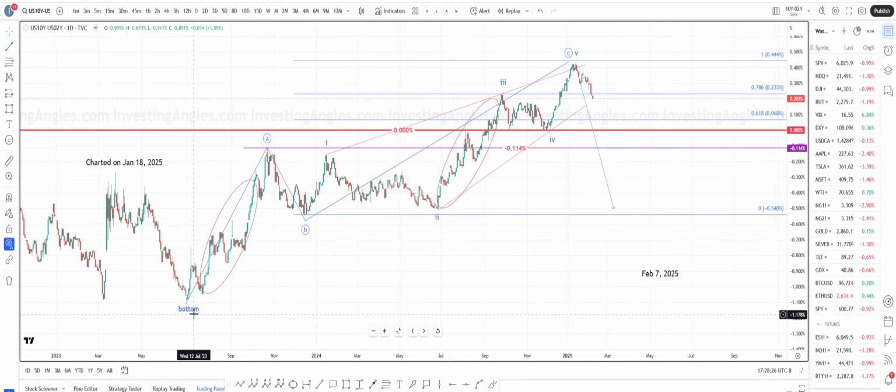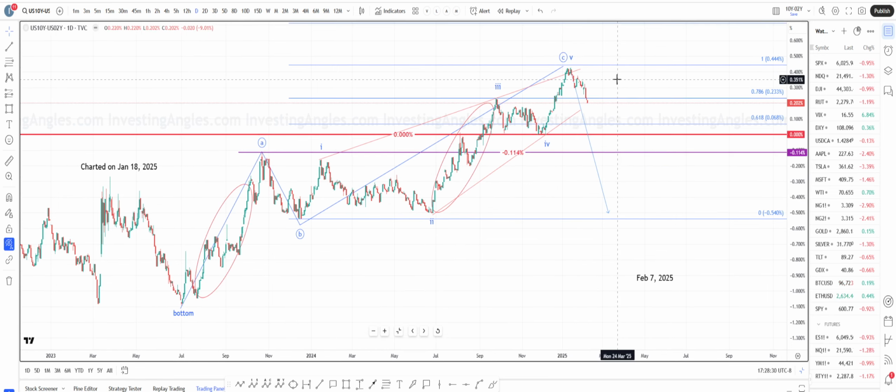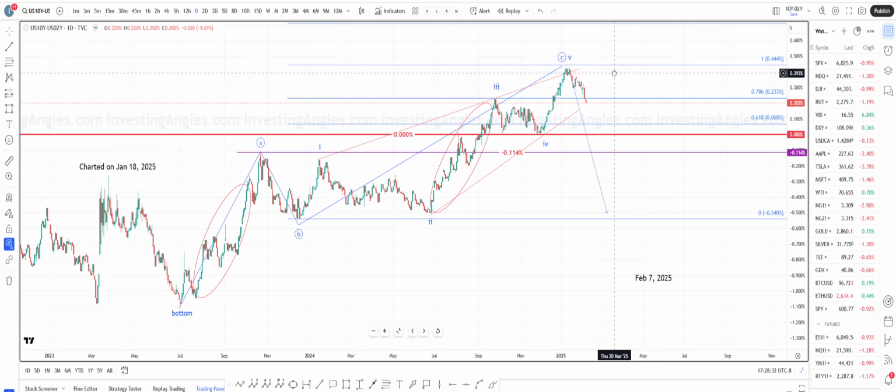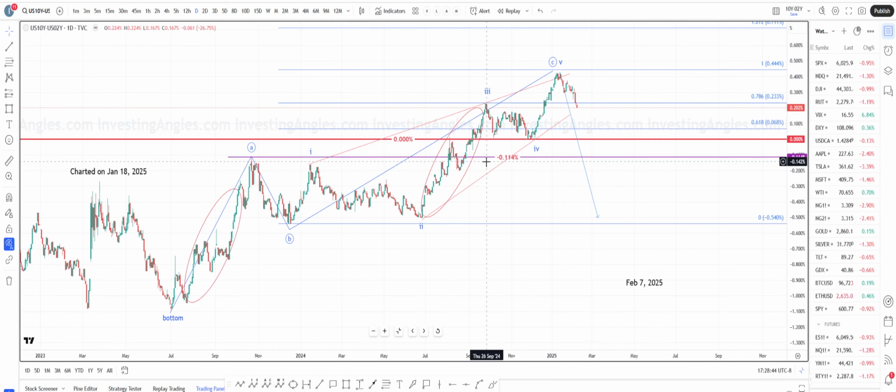So we might have an ABC, a very strong and very ideal zigzag for this correction. And now if we are moving down here, this would be the point of no return. Mark this line, minus 0.114%.